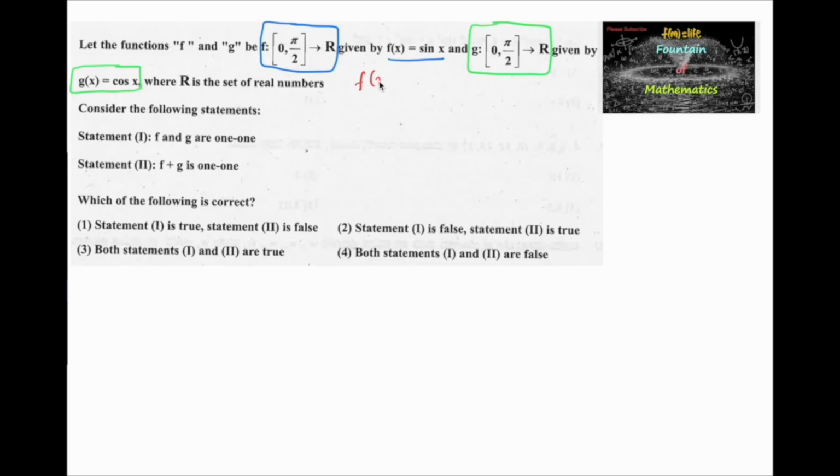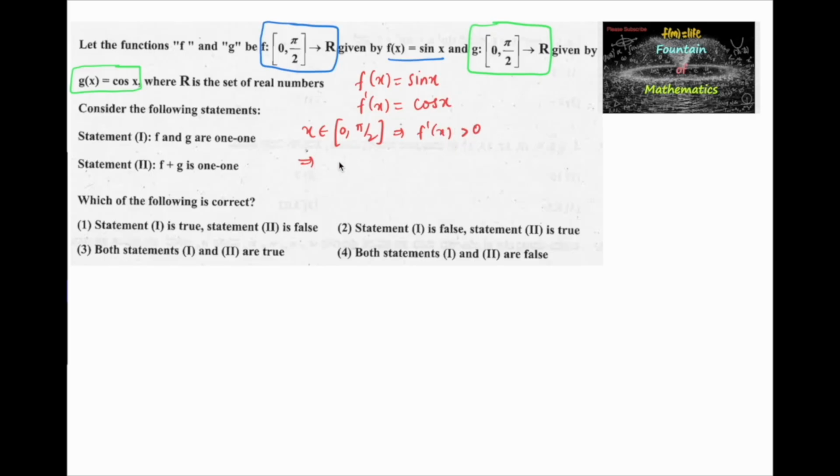So f(x) = sin x. Differentiating with respect to x, f'(x) = cos x. Here, for x belonging to (0, pi/2), f'(x) = cos x, which is positive, because in the first quadrant cos x is positive.